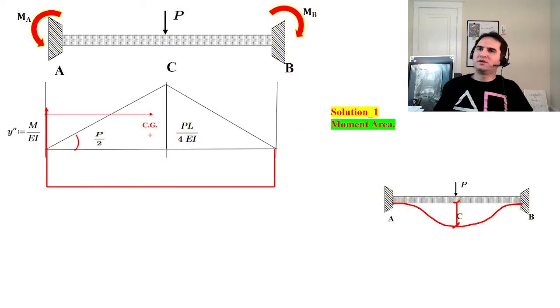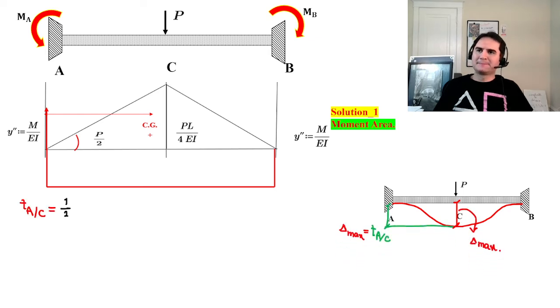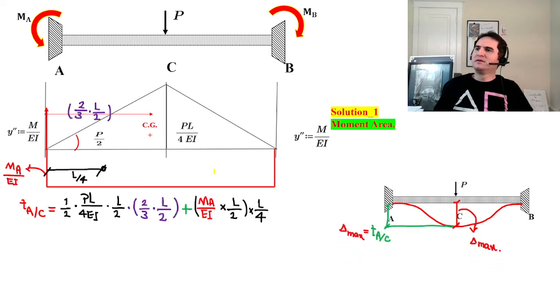Now you know what the moment is. This time, TA with respect to C goes by the positive area times 2/3 of L over 2, and the negative area times L over 4.